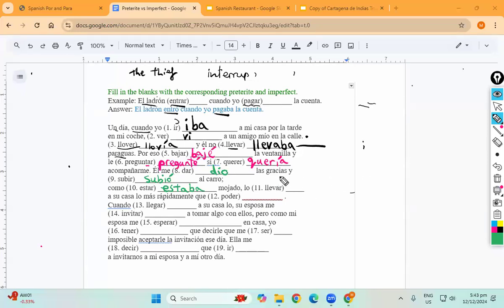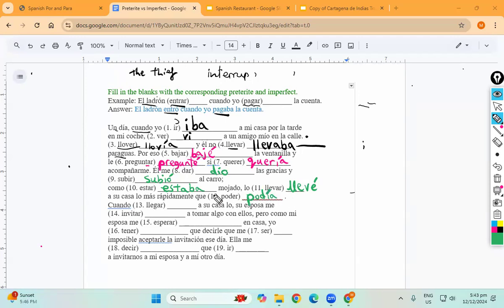All right. So I'm going to put this as lo llevé a su casa. I carried him to his house the fastest that I was able to. So podía.